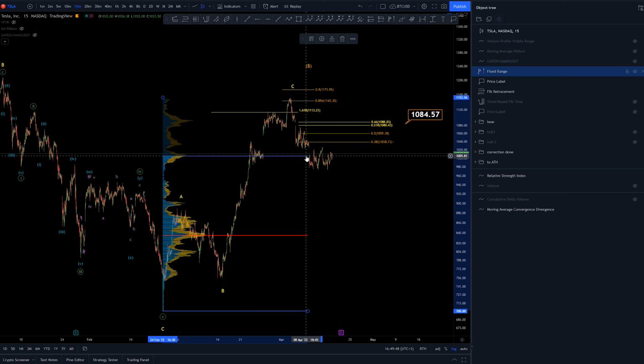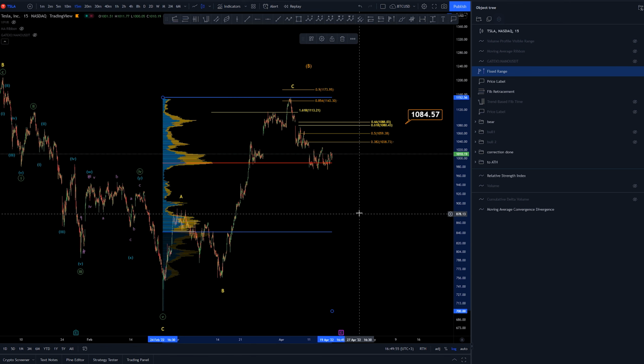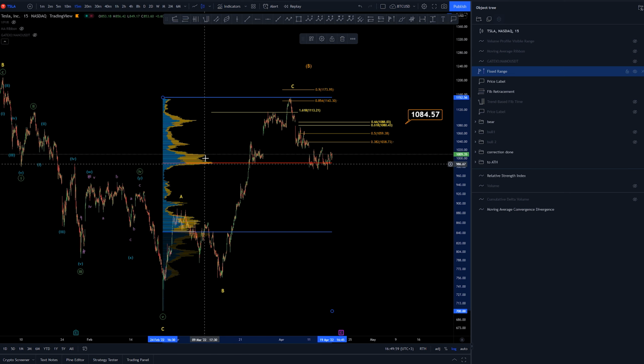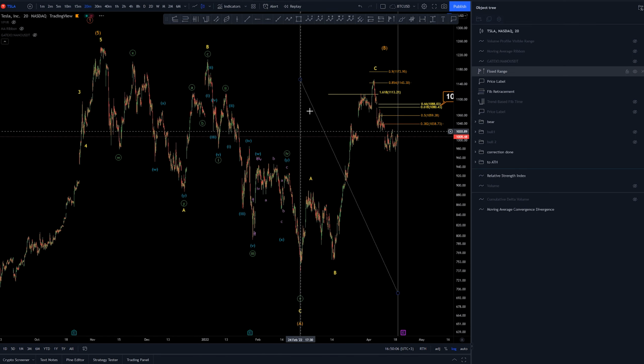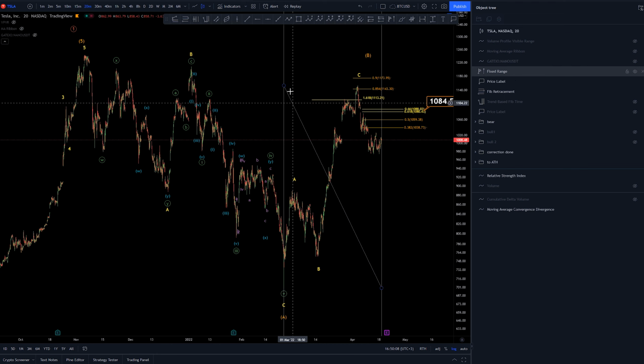We only had range value area high and point of control all the way down here. Currently battling around this point of control, as that has created more volume than we had here. And as we see, this range definitely lives daily as the price goes on.